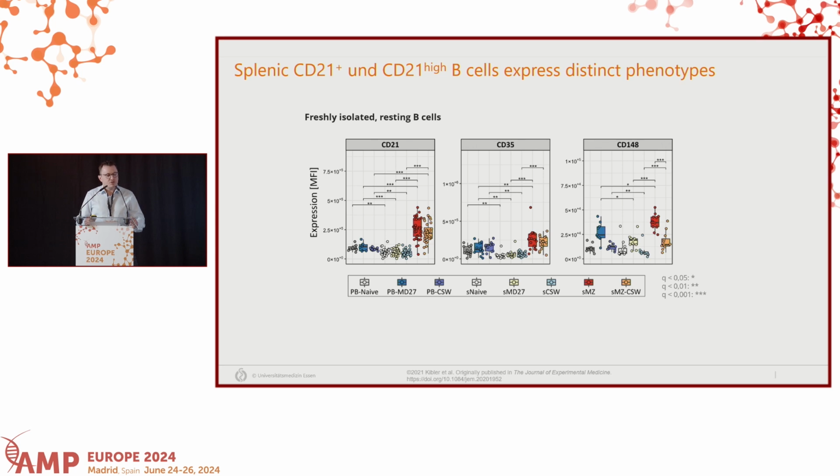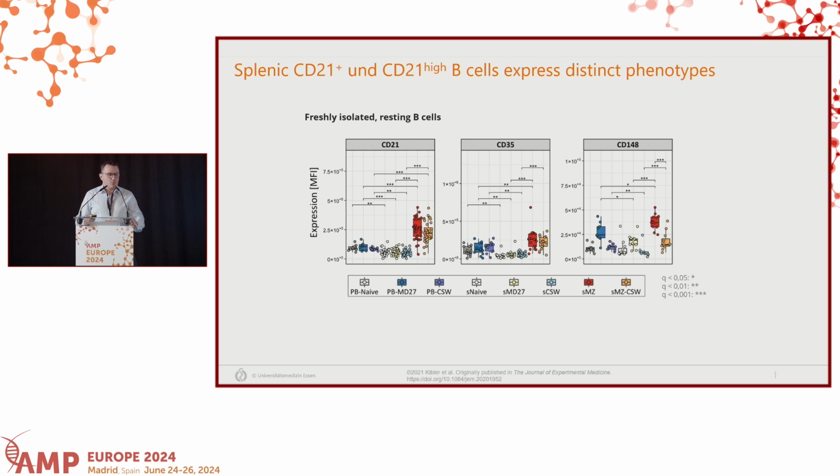Interestingly, the expression of the receptors CD21 and CD35, which you might know are the complement receptors 2 and 1, are dramatically increased in these cells compared to the conventional naive and memory B cells from spleen. They are very important in the biology of marginal zone B cells when it comes to infections with encapsulated bacteria.